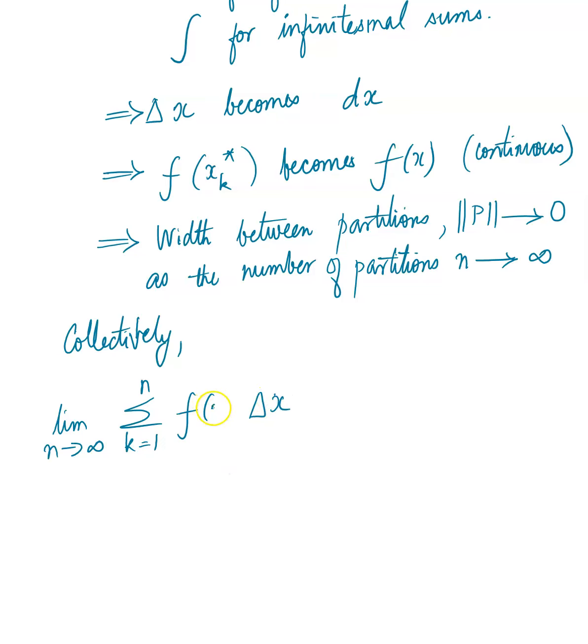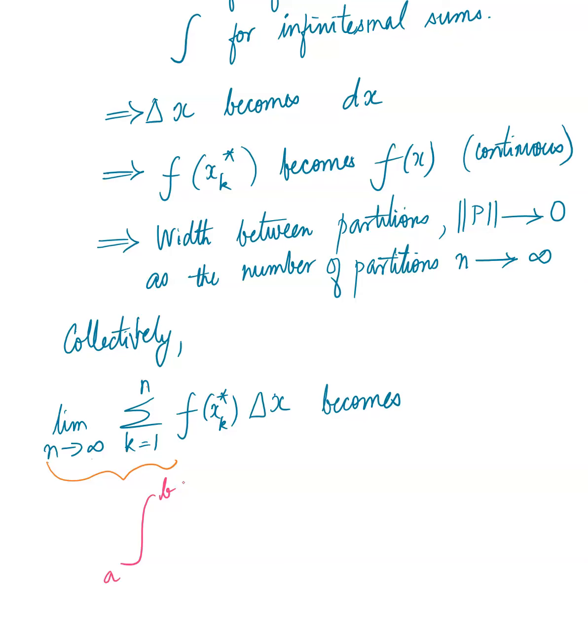I put c_k, but the star becomes the same. So you have this whole thing, k from 1 to n with n going to infinity, which together is a collection of all of these rectangles. These rectangles are constructed between a and b.